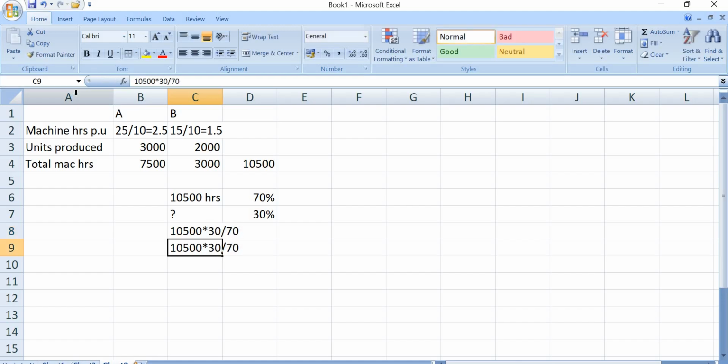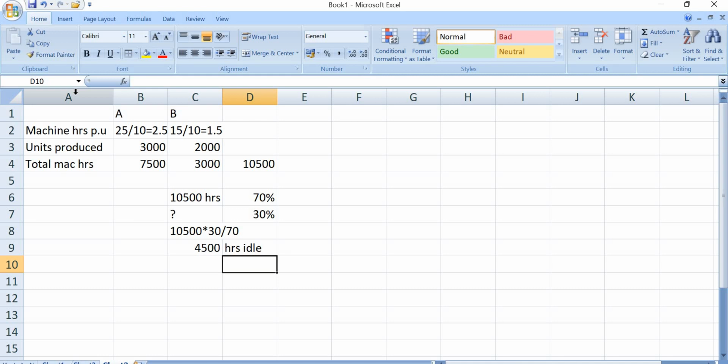Simple cross multiplication. So I have 4,500 idle hours, right? That is for 30% capacity. So using these 4,500 hours only, I am going for accepting an export order, either A or B.